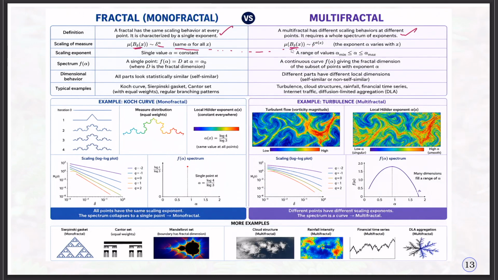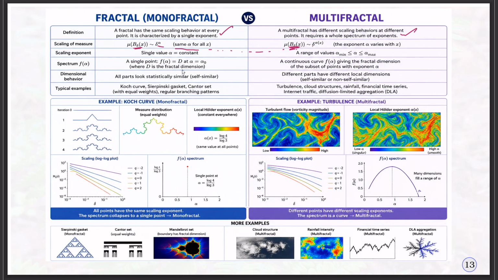If alpha varies with respect to the different x, and if alpha depends on q in our case, then it is the multifractal case. Here the scaling exponent is a single value, alpha is constant. Here alpha ranges from alpha min to alpha maximum. At alpha min, it will give the high density. At alpha maximum, it is the low density.